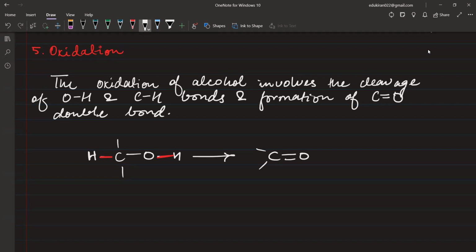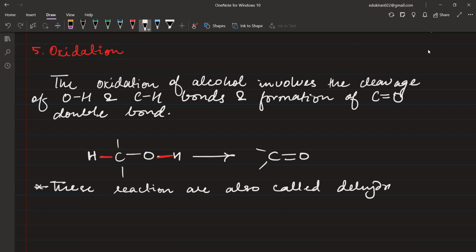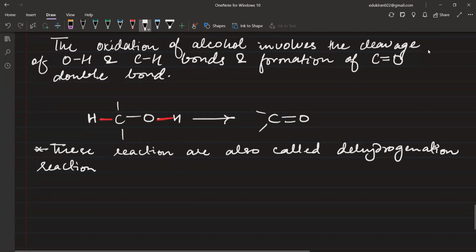Okay, so please write these reactions are also called dehydrogenation reactions, because hydrogen is getting removed from here.